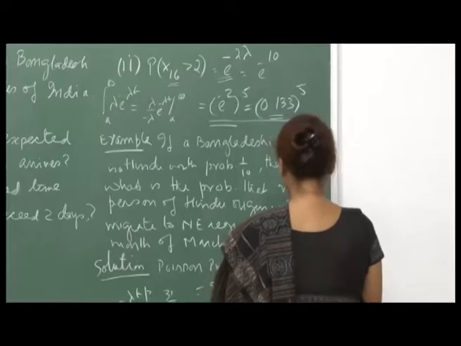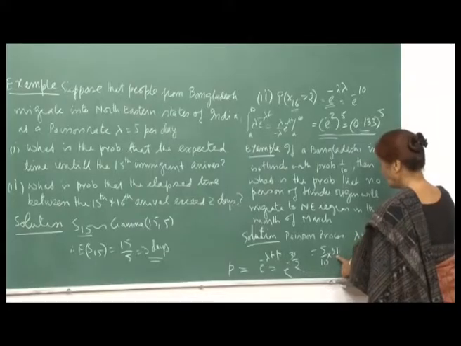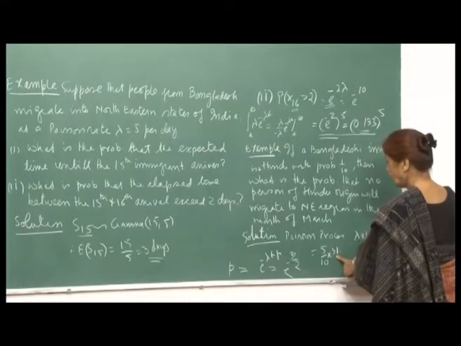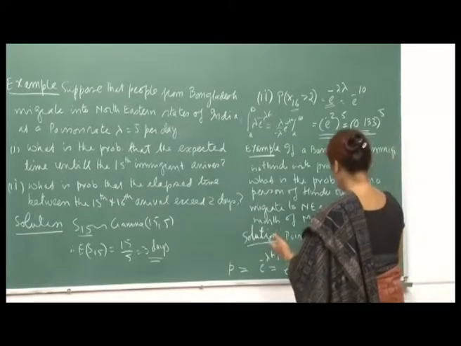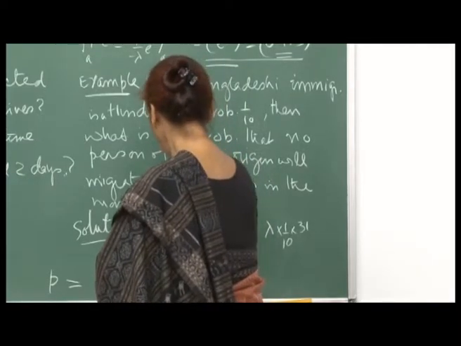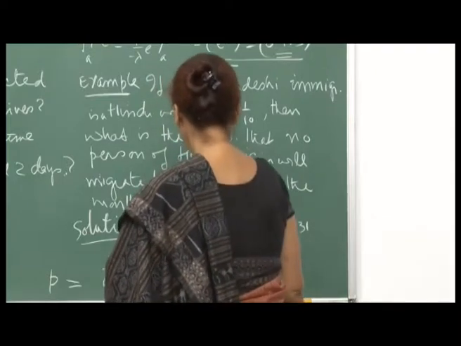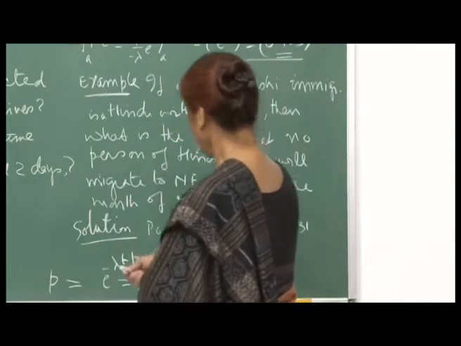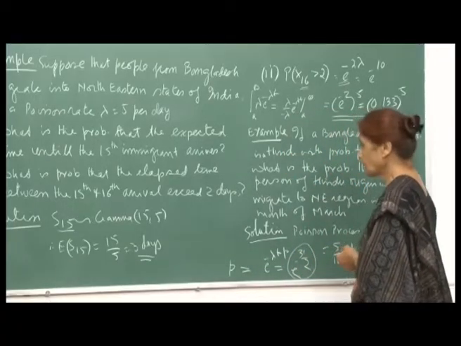So, lambda is 5, p is 1 by 10, and the time is 31 days, March has 31 days. Therefore, the probability that no Hindu will arrive in that period will be e raised to minus lambda t p, which is e raised to minus 31 by 2, and so you can compute this number. So, this is the whole idea, and then of course, we will look at some more properties of the Poisson process and work out a few more examples.